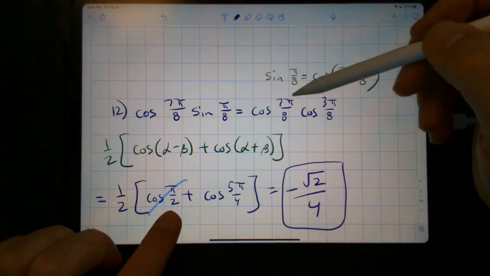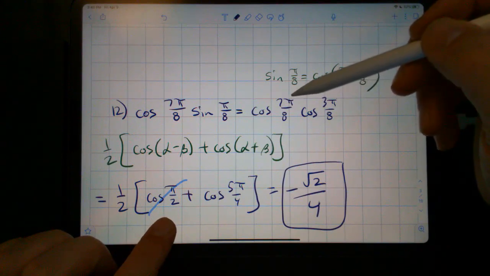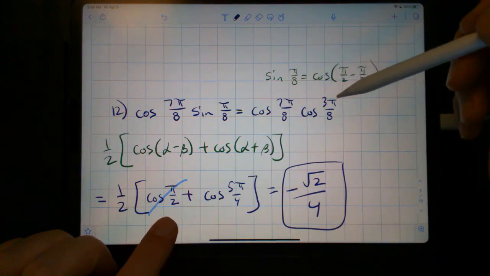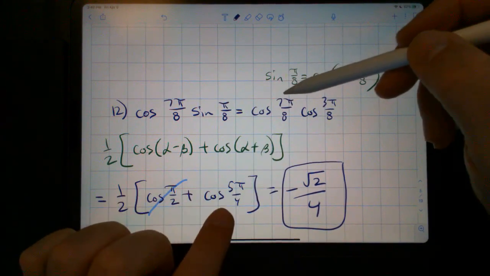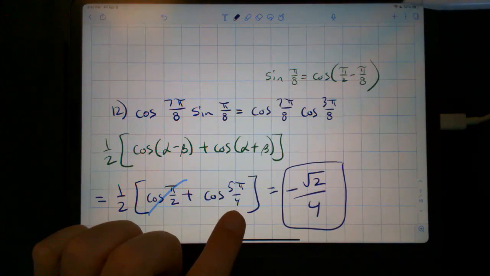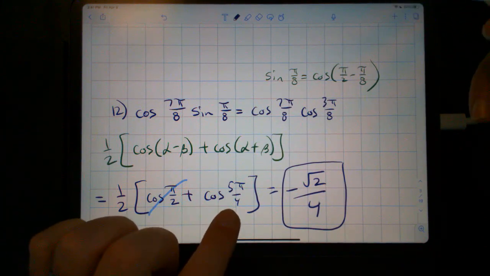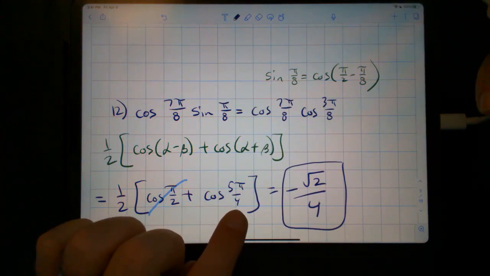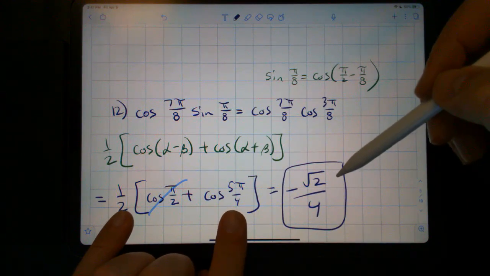So we have 1/2 of alpha minus beta, 7 pi over 8 minus 3 pi over 8 is 4 pi over 8, which simplifies to pi over 2. And then the sum of them, 7 plus 3 is 10. 10 pi over 8 is 5 pi over 4. Cosine of pi over 2 is 0. Cosine of 5 pi over 4, that's going to be in quadrant 3. This would be negative radical 2 over 2. Negative radical 2 over 2 times 1/2 is negative radical 2 over 4.